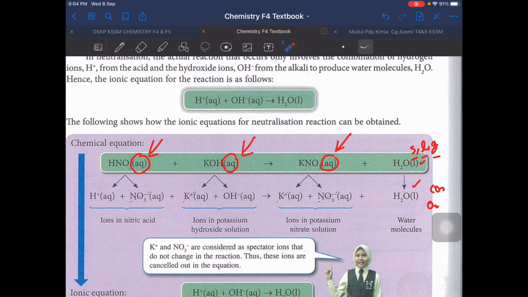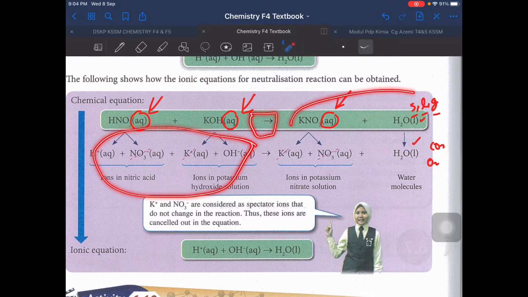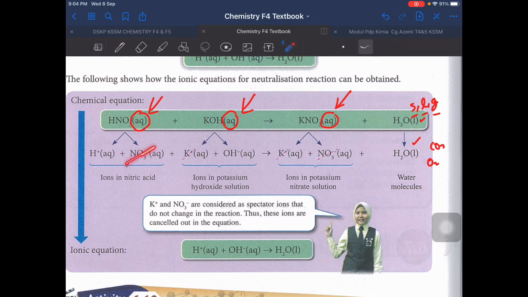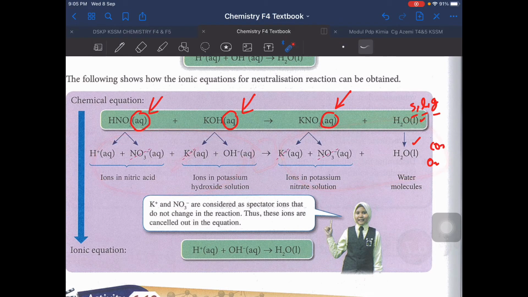Now, you need to cancel out the same ions on the left side of the arrow and the right side of the arrow. On the left you have nitrate, and on the right you also have nitrate, so cancel it. On the left of the arrow you have potassium ion, and on the right there is also potassium, so cancel it out.